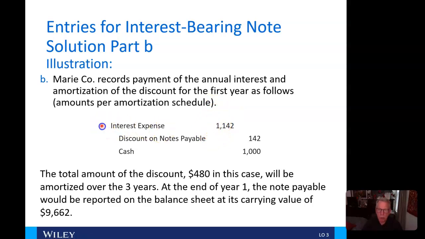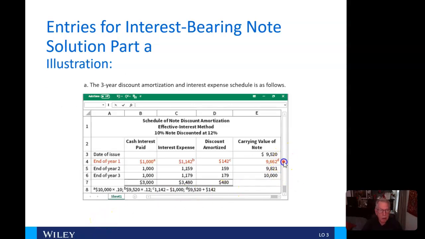So we'll debit interest expense here for a little more than $1,000 because the note was sold at a discount, and we'll credit the full cash here for what we pay, and that difference is $142, which we could get from the Excel spreadsheet as well. Okay, now at the end of year 1, that note payable is going to be reported on the balance sheet at its carrying value of $9,662, which you see here.